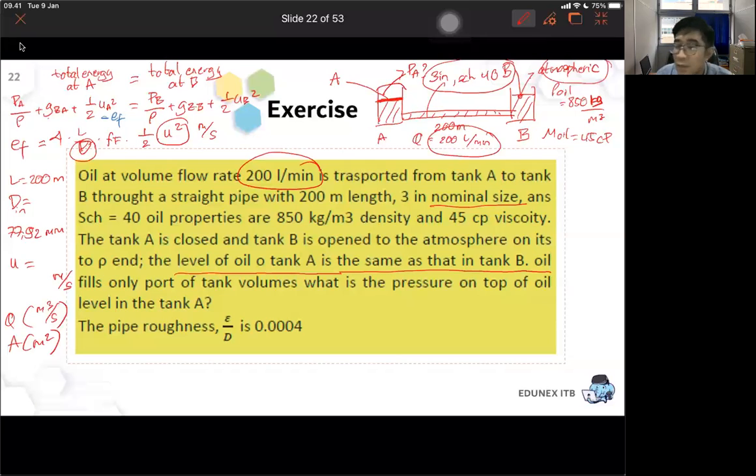What is the value of the linear velocity? Convert first 200 liters per minute to cubic meters per second. Then for the diameter, please convert millimeters into meters and calculate the area.